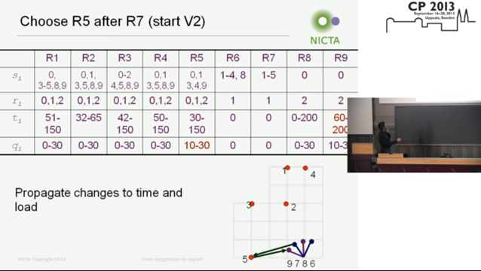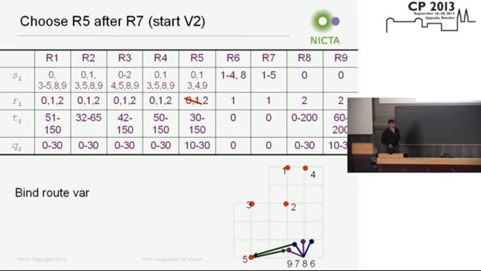I can do my changes to time and load, so now I know I'm getting back to 9 no earlier than 60, and my load at 5 is no less than 10. I can bind my route variable, because now I'm definitely putting 5 on route 2, and they're complete, and I can go on and do the next one.